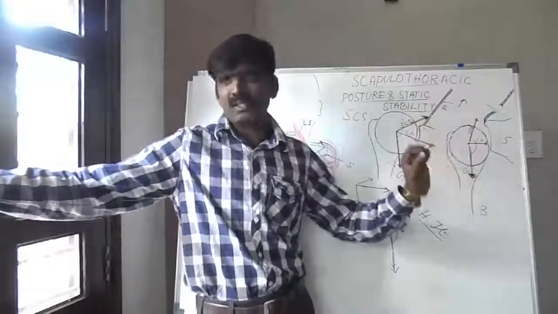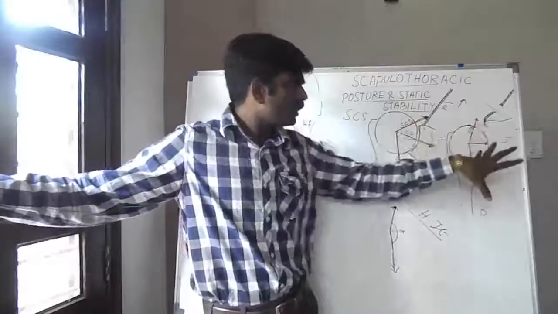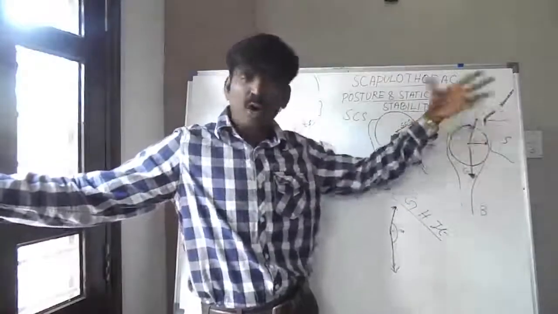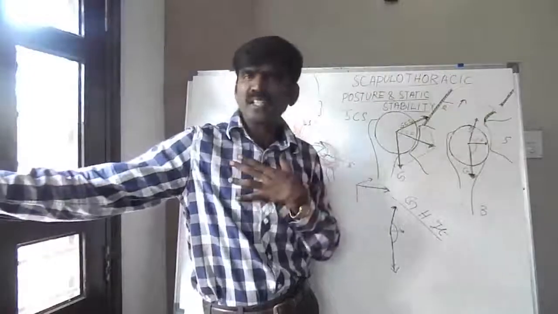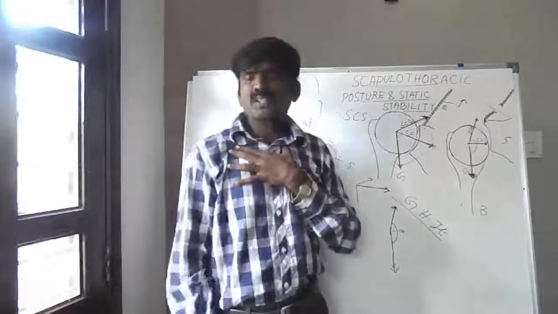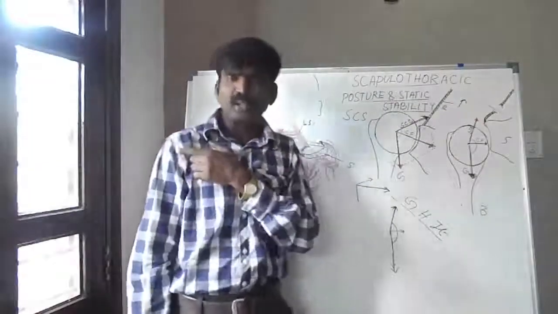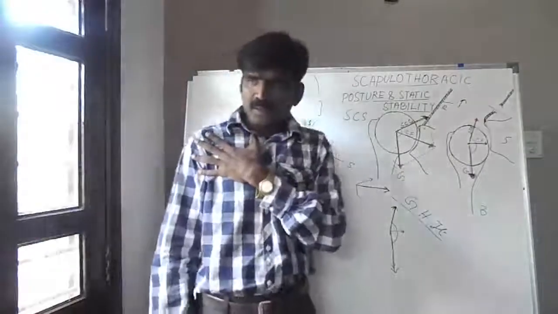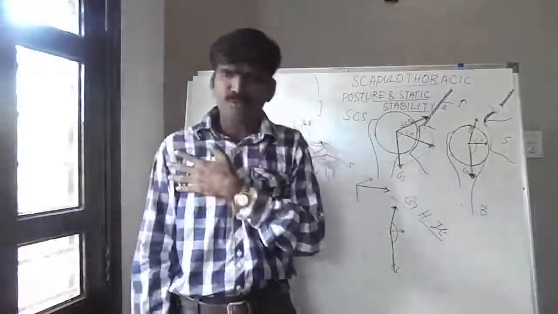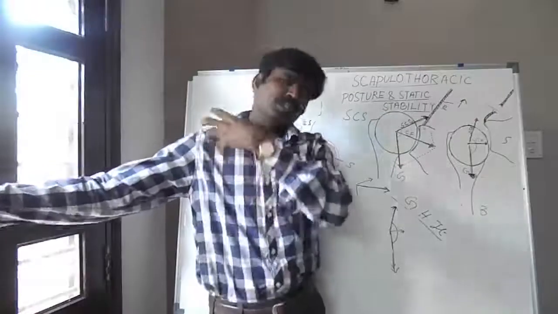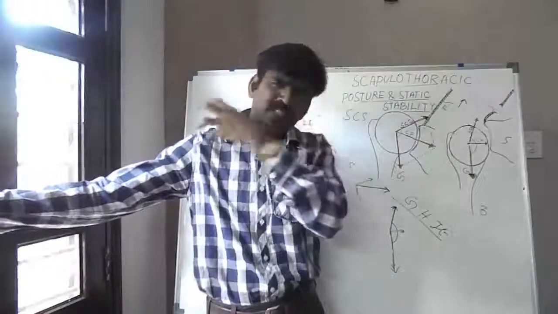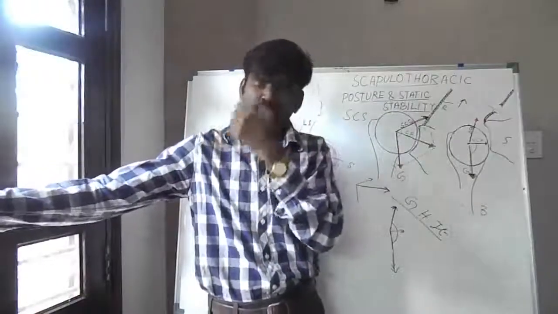So this is called an irreversible dislocation, because this posture is maintained for a long time. Clear? That is why in hemiplegia there is an inferior subluxation of the glenohumeral joint. In hemiplegia and muscular dystrophy, what happens? The elevators, the upper trapezius, are paralyzed.